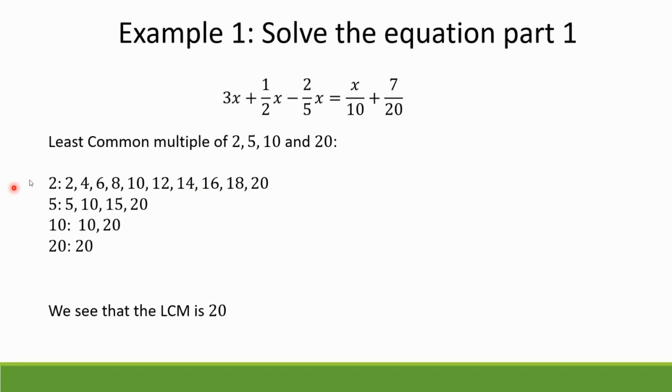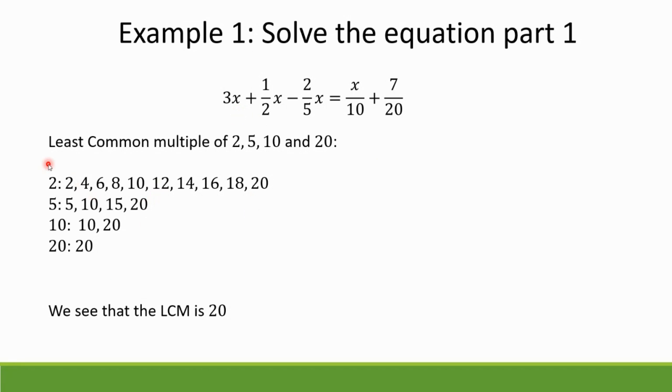So for now, all we can do is just list their multiples, as you can see. So we have 2, 5, 10, 20. We list a bunch of them and we keep going until we get a positive integer that's in all these lists. And we get 20, as you can see. I know 1 is technically a denominator here, but let's ignore it.